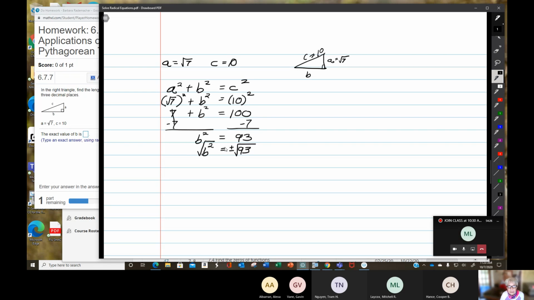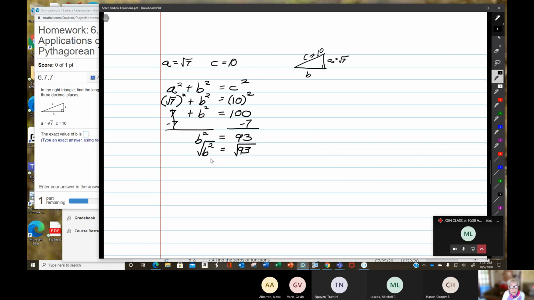However, we're dealing with length here. Can you imagine a negative length? I cannot. So in this case, we're going to forget that negative, because we're dealing with a semi-real life situation. We know that the only answer that will make sense is positive. So forget the negative in this case.